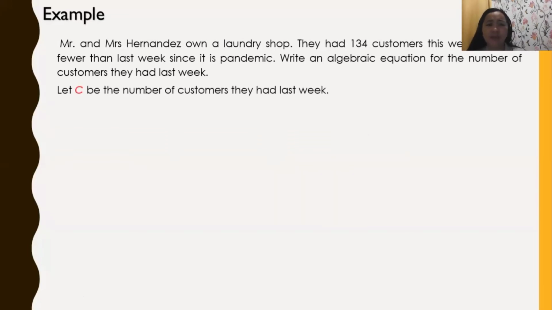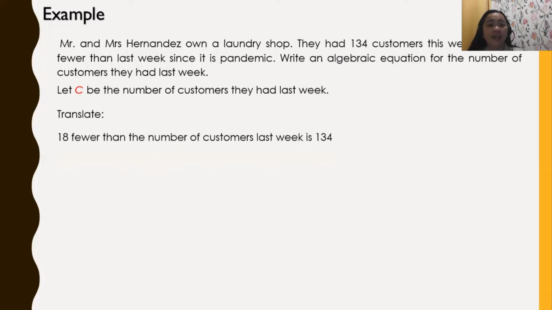Now, let's see the number of customers they had last week. Let us translate. That is 18 fewer than the number of customers last week is 134. So that is C minus 18, and minus because we have here fewer.